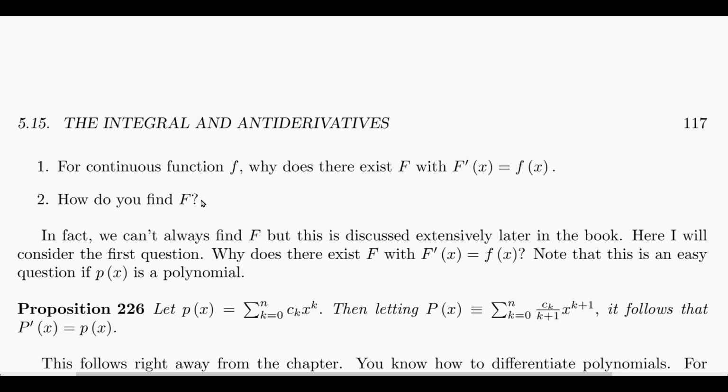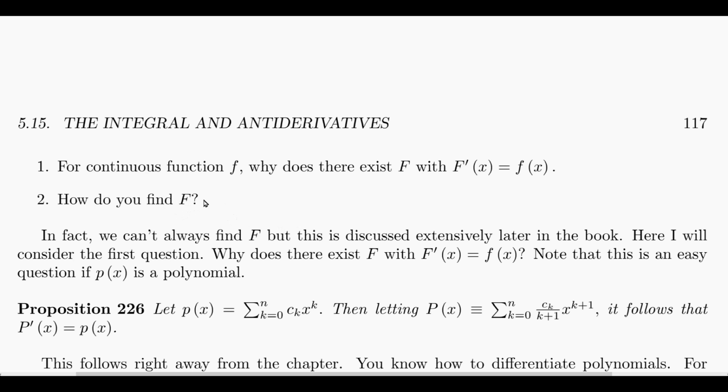Well, we'll know how to find a lot of antiderivatives by just going backwards in those tables of derivatives that I've presented in the chapter. And we can certainly find antiderivatives for polynomials. But in general, this is rather hard to do, and there will be a whole chapter on techniques for how to find it.